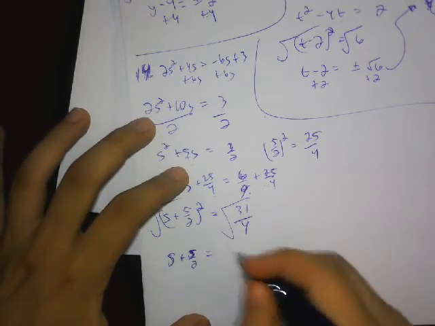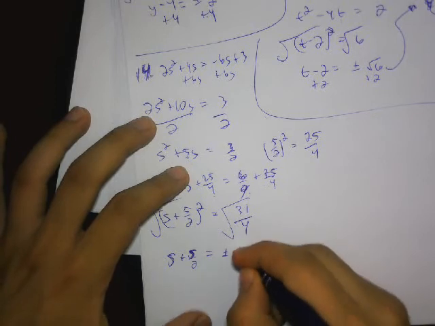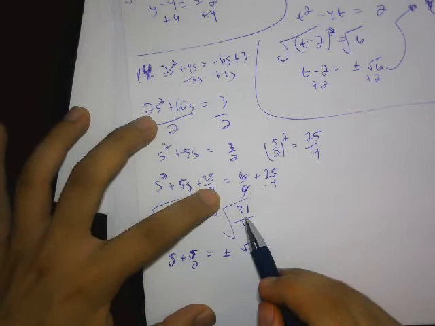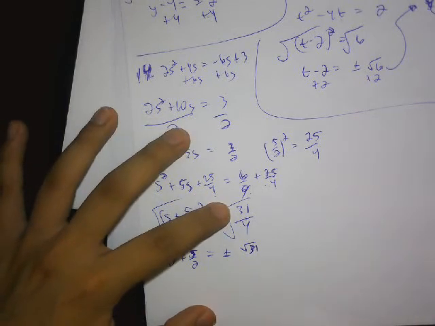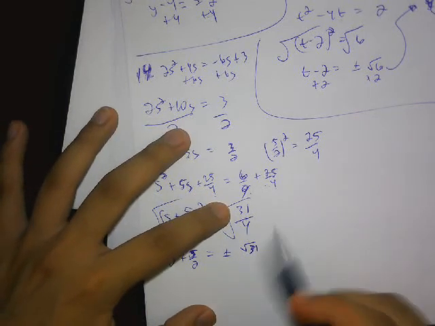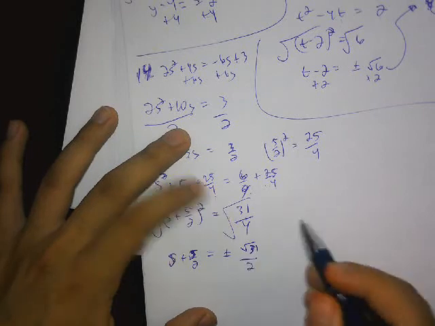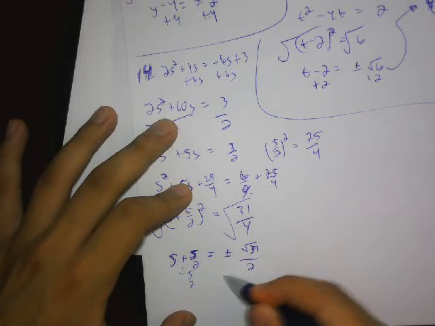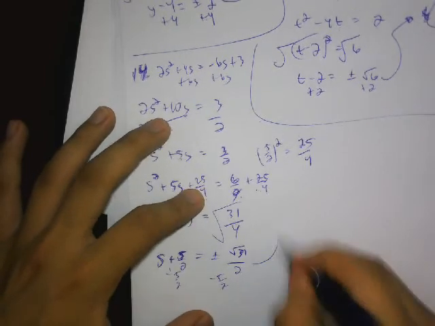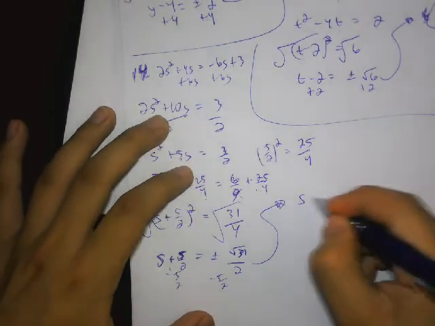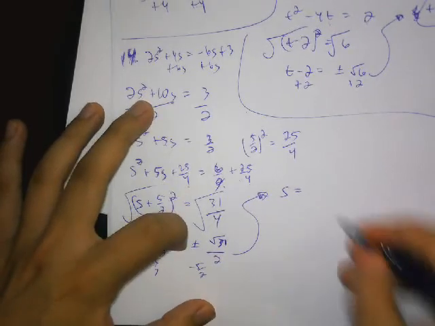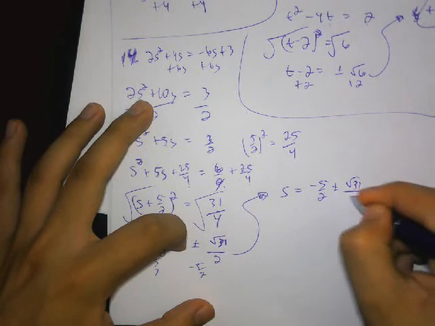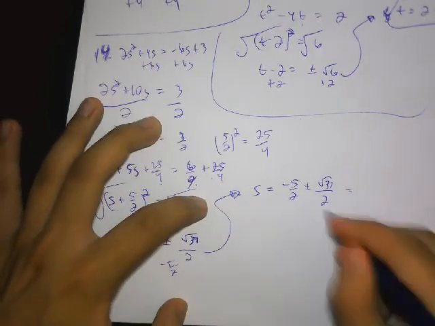Last step, subtract 5 over 2, subtract 5 over 2. And our final answer is s is equal to negative 5 over 2 plus or minus the square root of 31 over 2. Or we can just write it as one huge fraction since they already have the common denominator. Negative 5 plus or minus the square root of 31, over 2. Alright, almost done guys. Number 15.